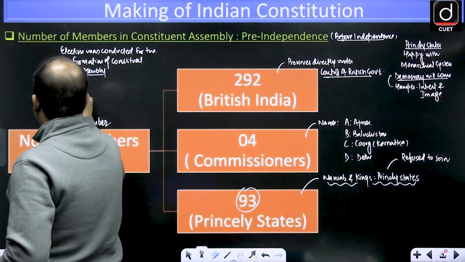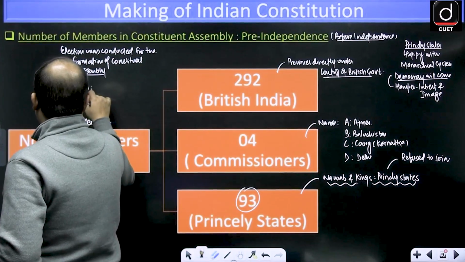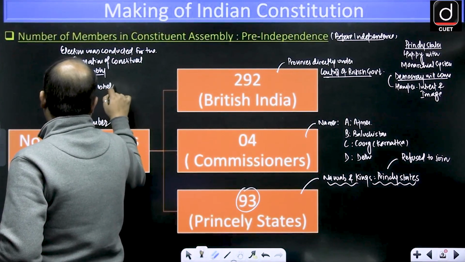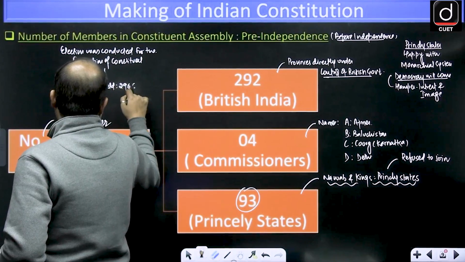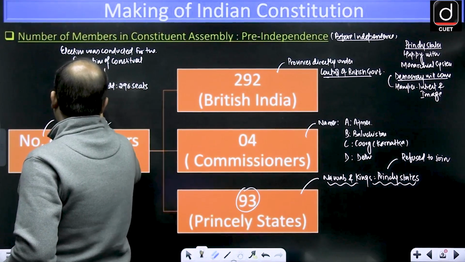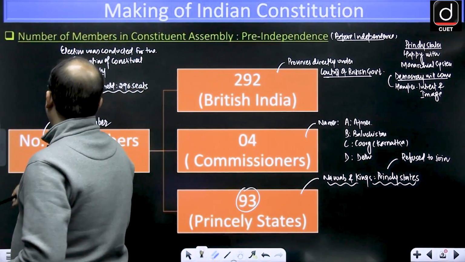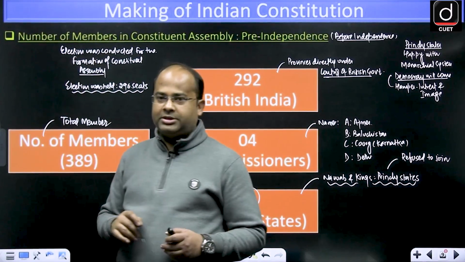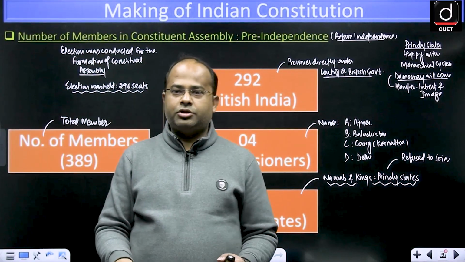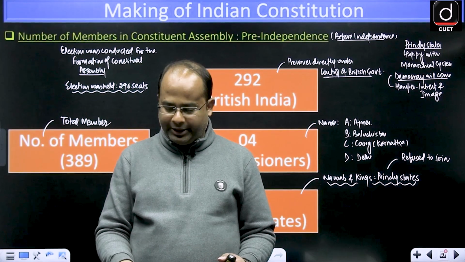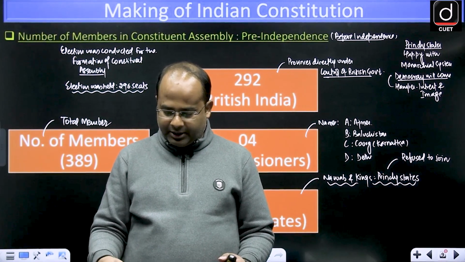Therefore, the election was held on 296 seats. So the election of the Constituent Assembly was held on 296 seats. Is that clear, guys?